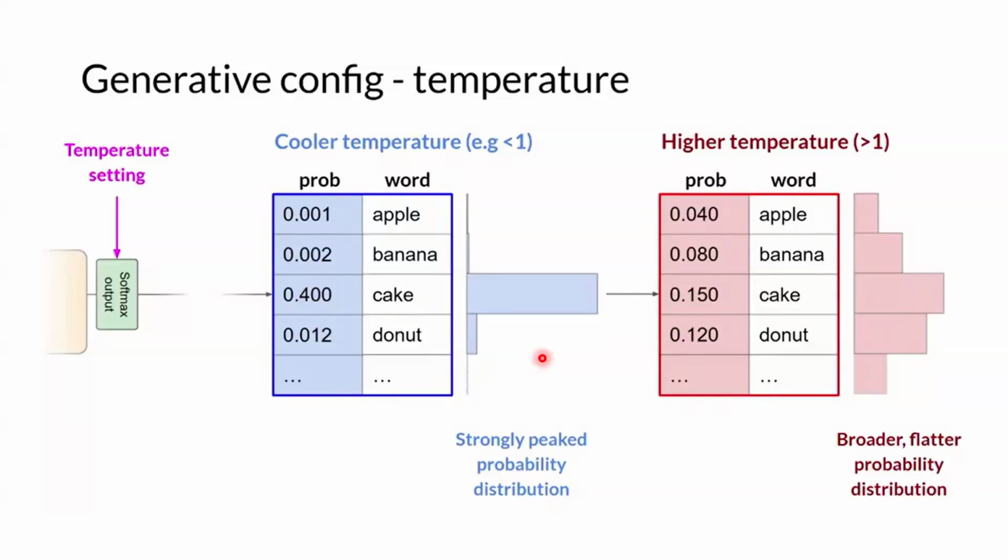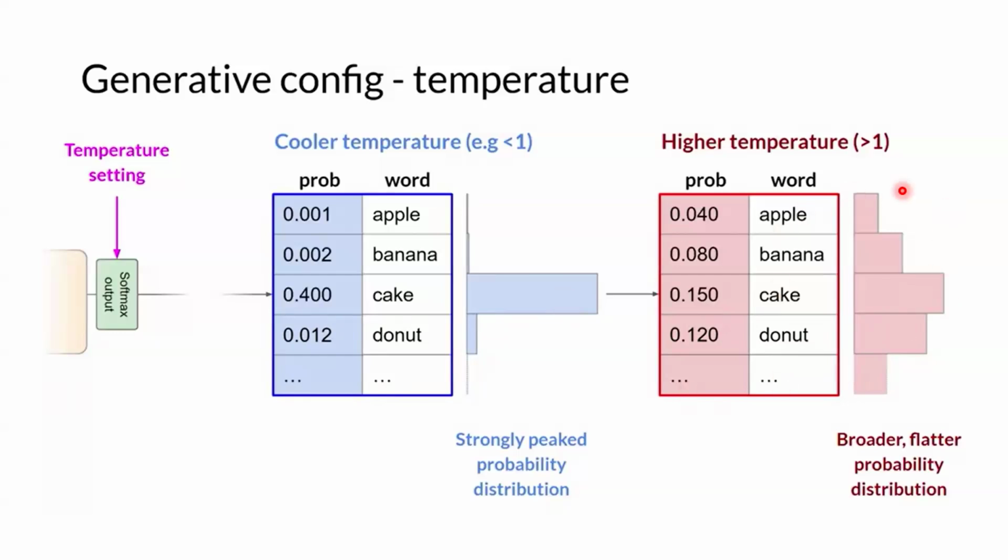For example, if my LLM is trying to write an SQL query, I want my output to be not creative. It should not be distributed, like 15% of the time cake should come out, or 12% of the time donuts, right? Because it will make my query wrong. If I'm saying select name from employee table, I don't want to play around with it. I don't want any variation or creativity.